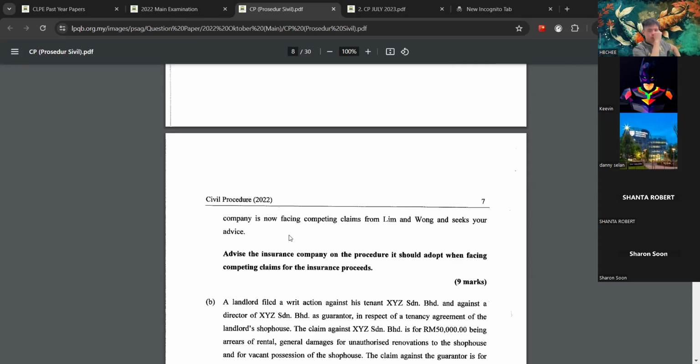So based on the fact that the insurance company is facing a competing claim between Lim and Wong, it is a stakeholder interpleader. And your case is Teton Salina and Cohen, if I'm not mistaken. So by including this case in your answer, you also have to include Order 17. Is that okay?